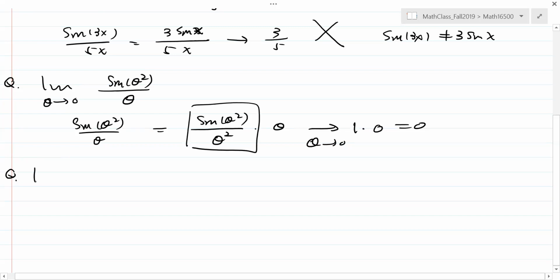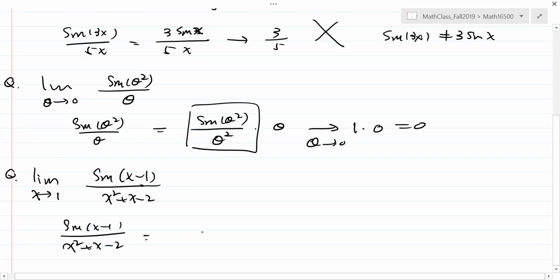Next one is, as x approaches 1, sine of x minus 1 over x squared plus x minus 2. You see that when you plug 1 for x into the denominator, it is going to be 0. So the denominator factors as x minus 1 and x plus 2.